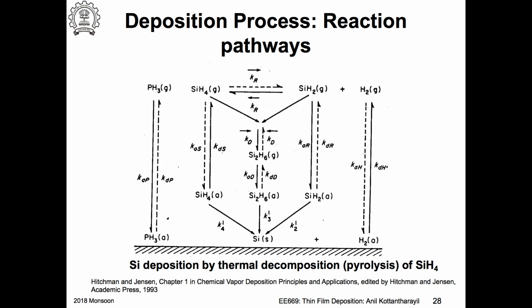This is an example of a deposition of silicon on a silicon surface, okay? And in this particular case, it is doped p-type, so you're using phosphine, mixed with silane, okay? So different things can happen in this case.